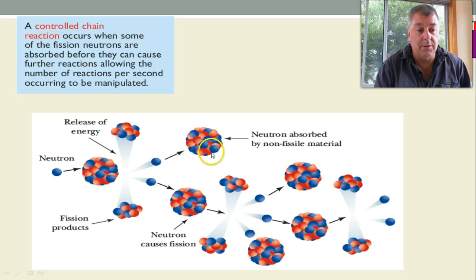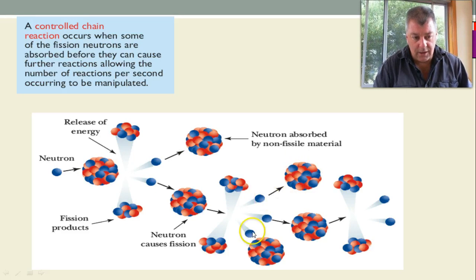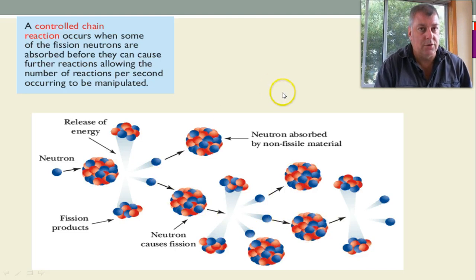Now, the most common material used to absorb these neutrons is something like graphite. But there's a whole variety of other substances. They should have actually made these different colors, because you can see that here two of the 3 neutrons are actually absorbed, and one goes on to cause fission.